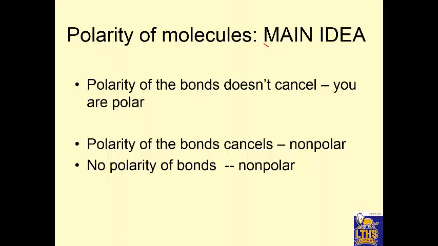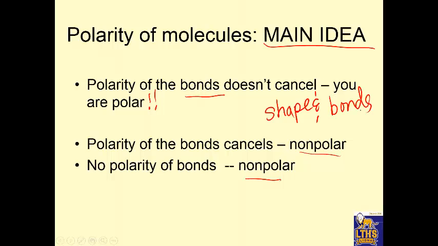So here's the main idea. If the polarity of the bonds doesn't cancel, then you are polar. If the polarity of the bonds cancels, you're nonpolar. No bond polarity, nonpolar. So we're talking about the shape of the molecule and the bonds. Shape and bonds decide if the molecule is polar.